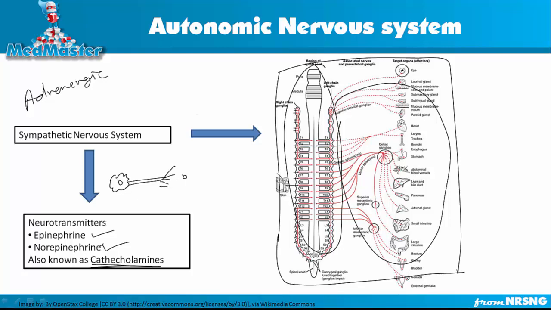Now the neurons are not connected to each other, if you remember anatomy and physiology. So if this neuron has to talk to this neuron, how does it talk? This neuron's gonna release the neurotransmitter right here, and this neurotransmitter is gonna go and attach to another neuron, and depending on which neurotransmitter is being secreted from the first neuron, the second neuron is gonna receive the message accordingly.